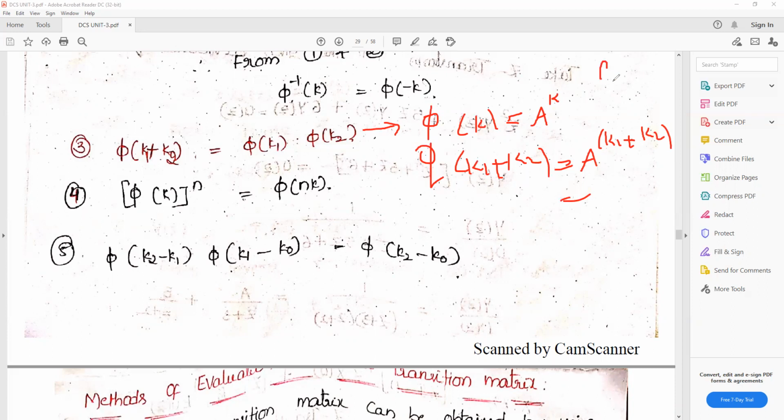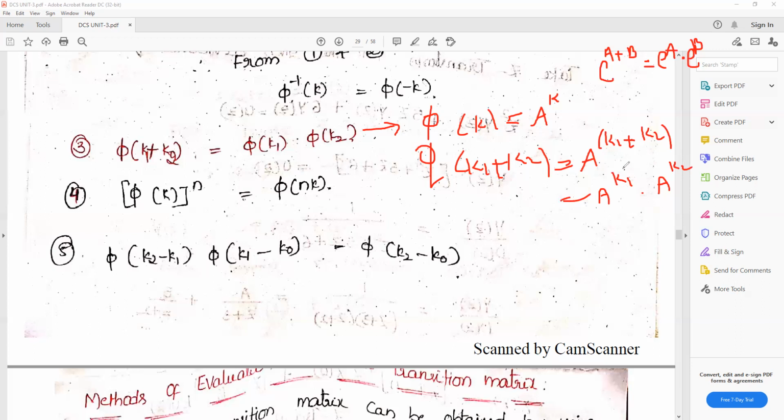So it will be separated into two terms. e power a plus b is equal to, what is the formula of e power a plus b? e power a into e power b. So a power k1 into a power k2.